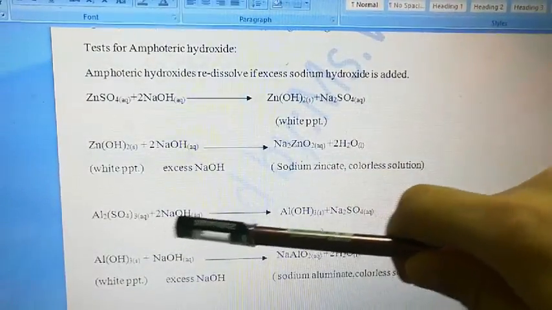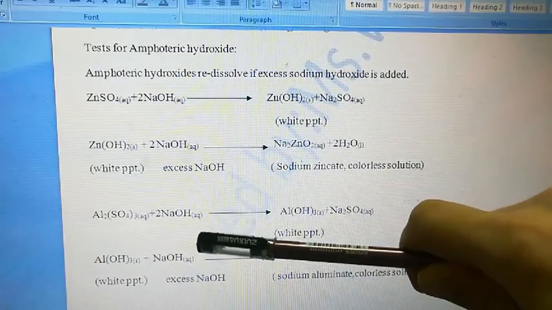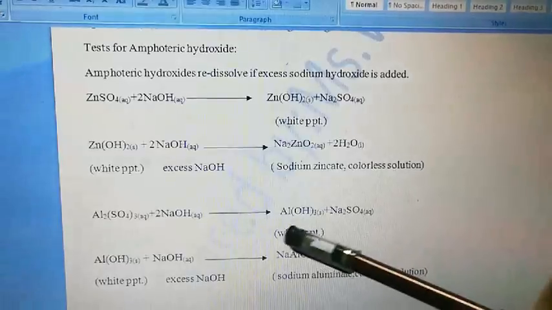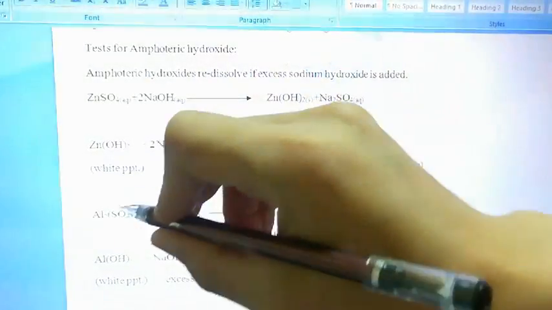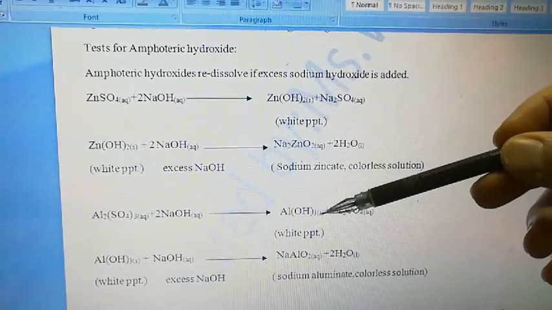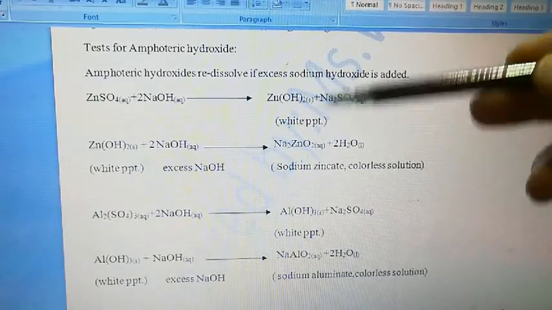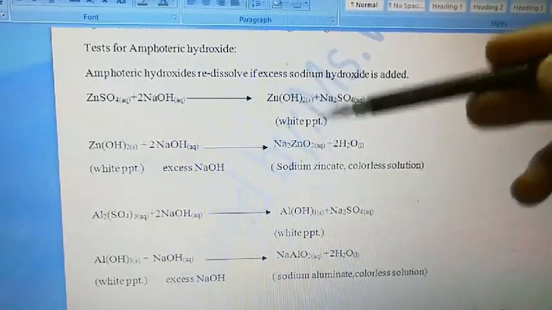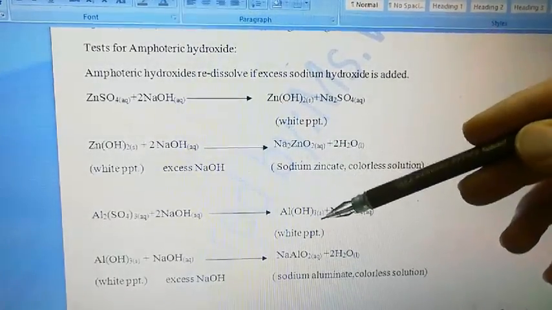Go to aluminum. Okay. Aluminum sulfate can react with sodium hydroxide to give us aluminum hydroxide by a double displacement reaction. Aluminum hydroxide is a white precipitate, you must memorize the colors. By the way, this is white. They are asking you about the color of the precipitates in a multiple choice question, so take care about that.